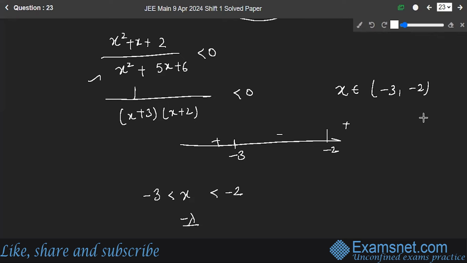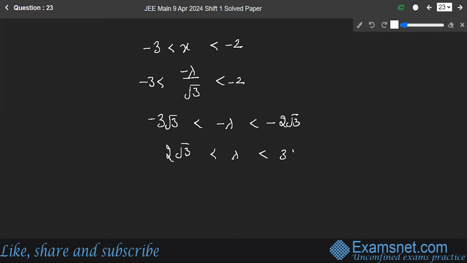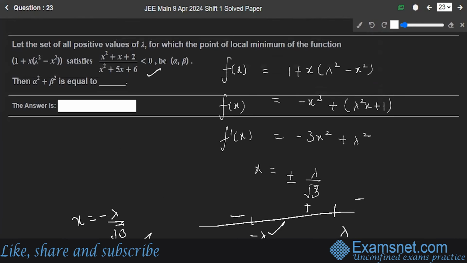So that means −λ/√3 lies between these two values. So this gives me −3 < −λ/√3 < −2, or you have 2√3 < λ < 3√3.